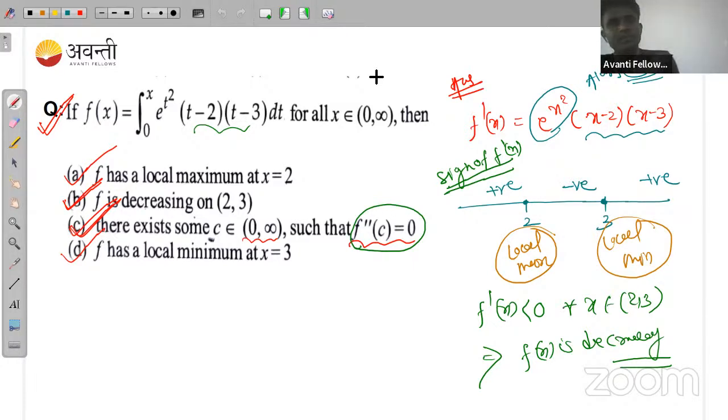There exists some c in 0 to infinity such that f double dash c is equal to 0. How will you show that?